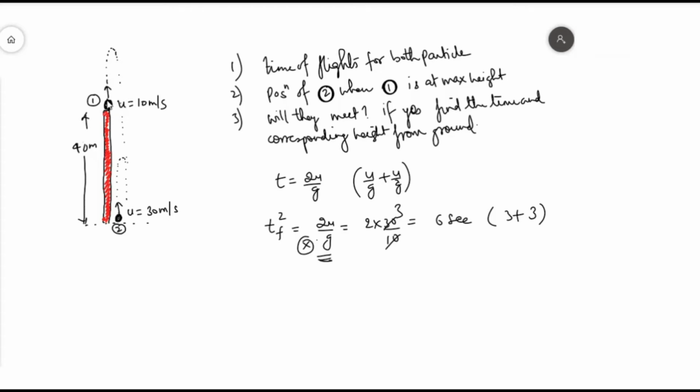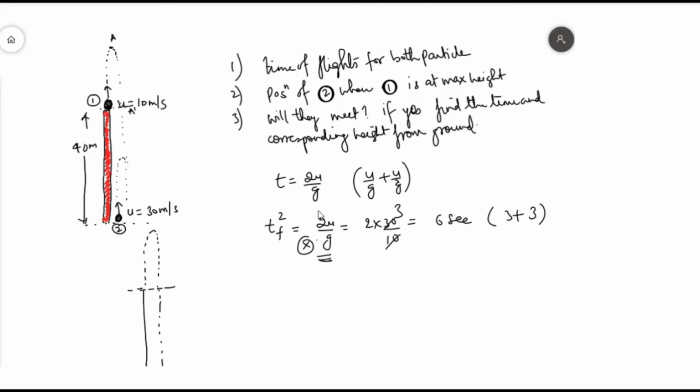Particle 1 is going to go here to point A, it comes back at the same level, call it this point A dash, and then it's going to come back. So let's see the motion for particle 1. It's going to go and then come back. This is at the same level at which it was thrown, and then it's going to come to ground.